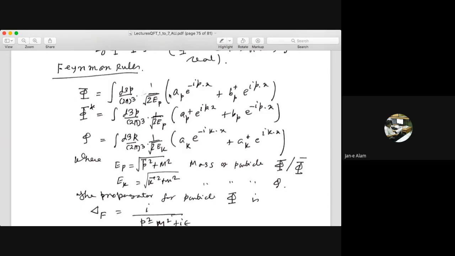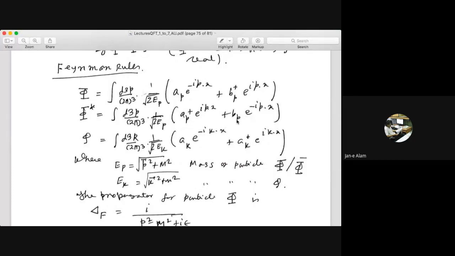They don't have any coefficients here. It is just AP. So the coefficient is always unity. Right? Here it is 1. Here it is 1. Here it is 1. And this has come because of the Fourier transform, nothing else. So the coefficient for any creation and annihilation operator for a scalar field is always 1.